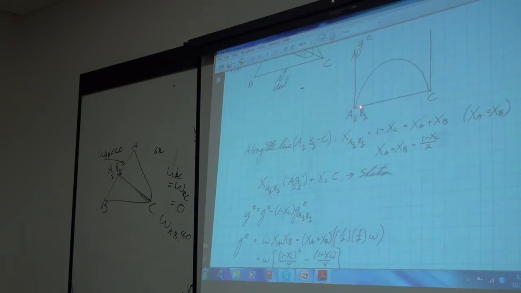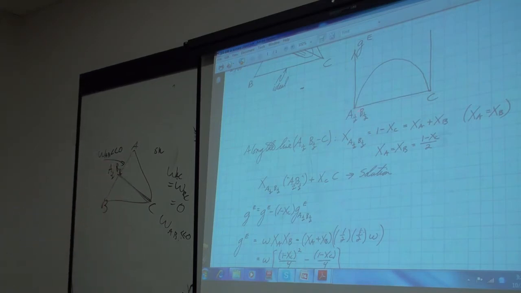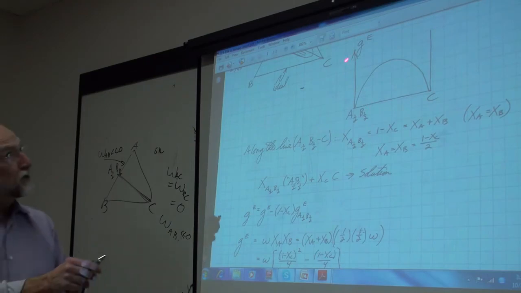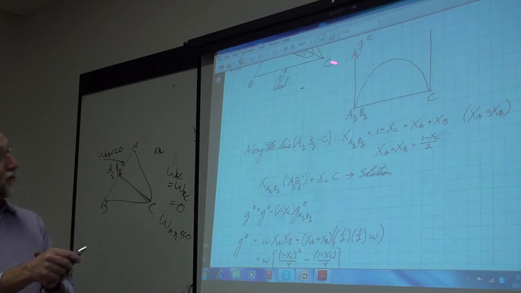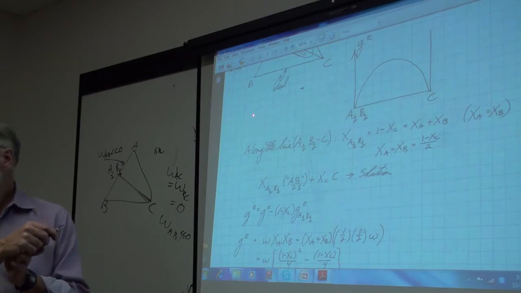At this point, you already have an excess Gibbs energy in the binary system, AB. If this were GXS relative to A, B, and C, then this curve wouldn't go to 0 here, it would go to some point up here, which is the excess Gibbs energy in that system.